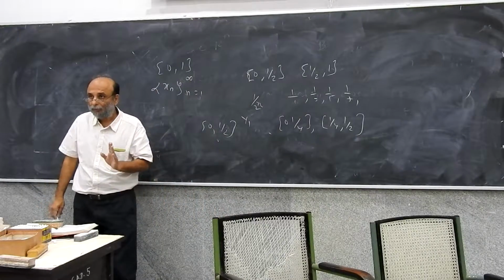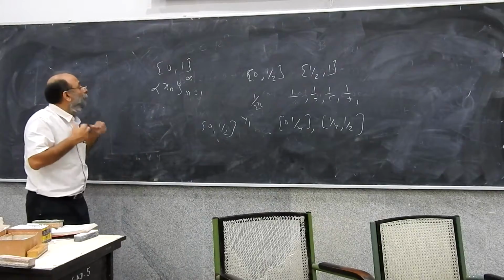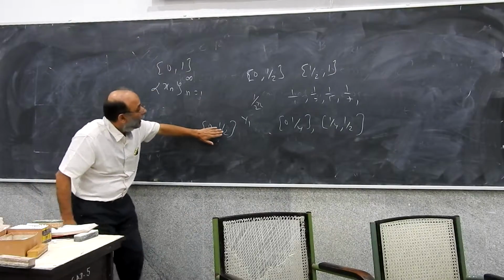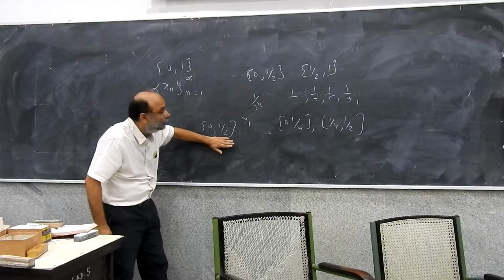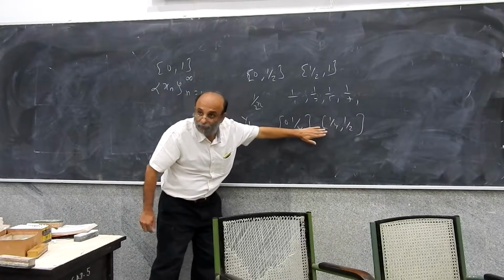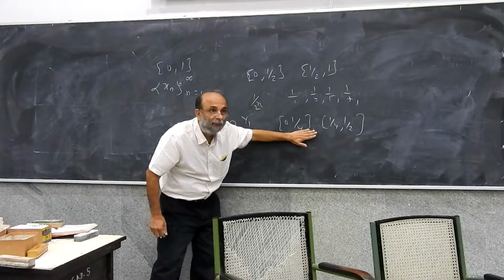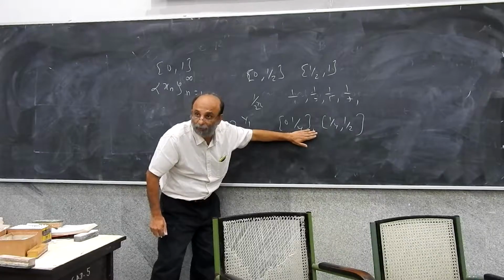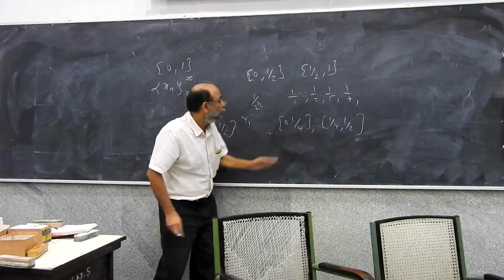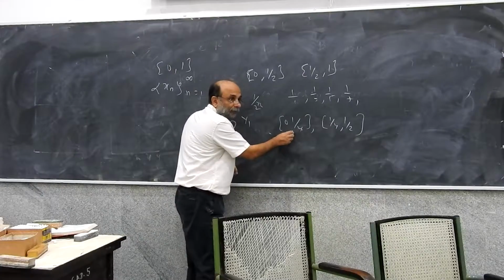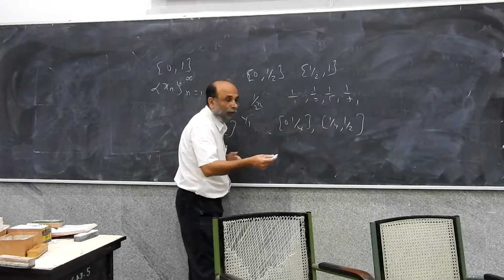Because this set contains the subsequence, one of the two sets must contain the subsequence. So suppose this subsequence is contained here, say 0, 1 by 4.